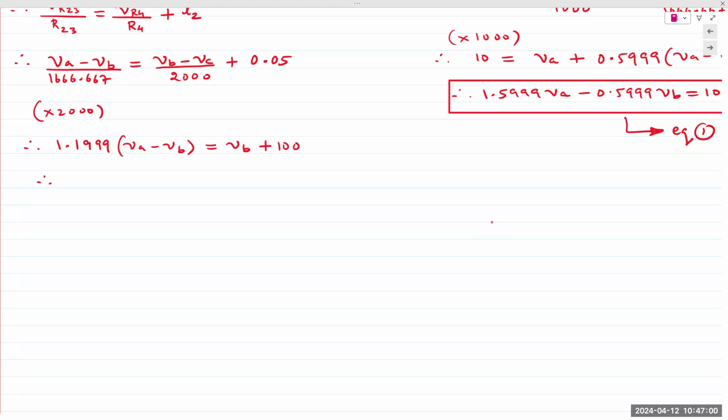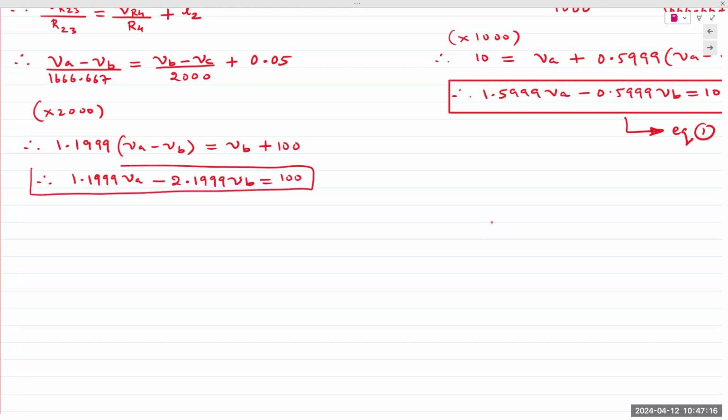Rearrange the terms, and I would obtain 1.199 VA minus 2.1999 VB equals 100. And I will call this equation 2.